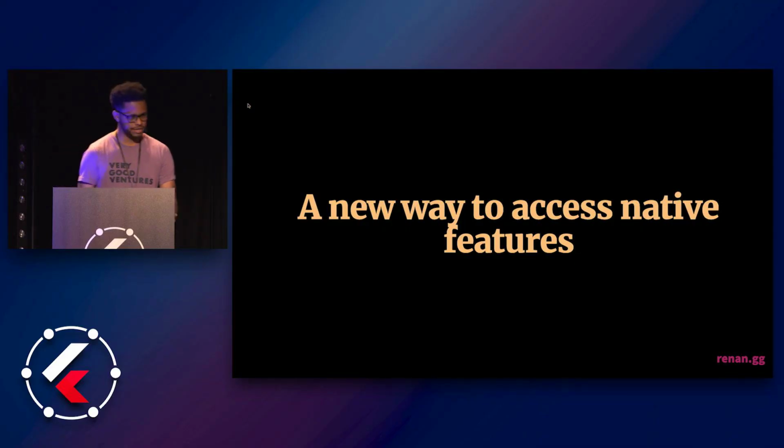I'm going to talk about something that has been living in my head rent-free for a couple of months now. As a Flutter developer, when you talk about accessing native features, there's mostly just one way you think about having access to those things.